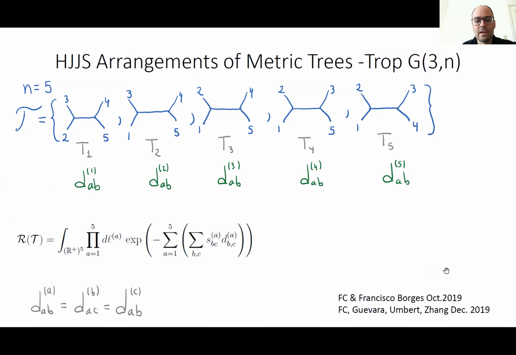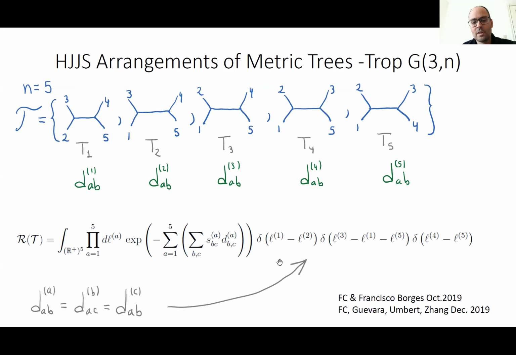Now let's see how we can evaluate this object. Well, if each tree was taken independently, each one has its own metric. So we could just take the product of all 5 Feynman diagrams, but that would be too simple because the distances would not satisfy the conditions we mentioned before. So we have to impose that those conditions are true.